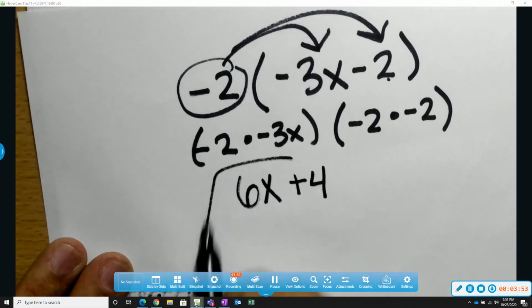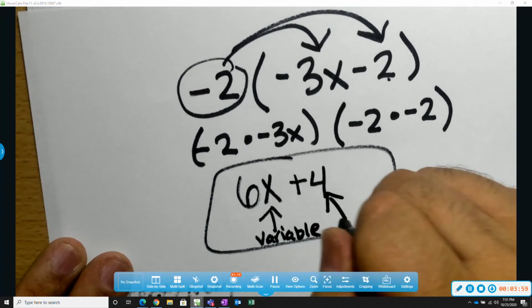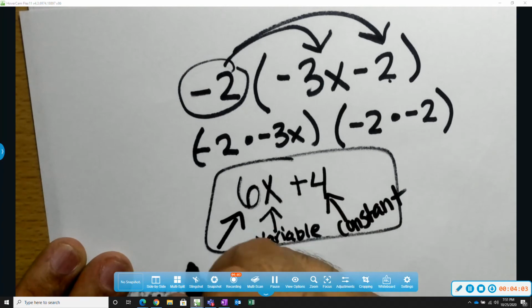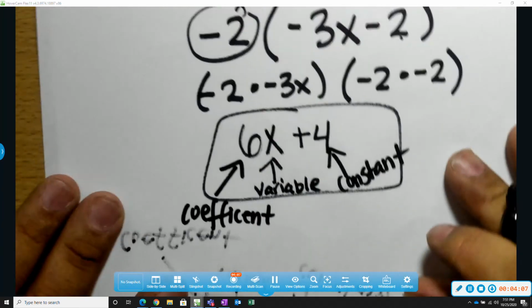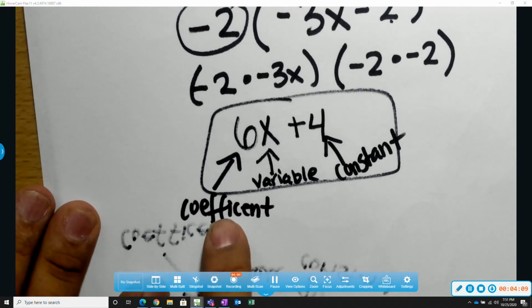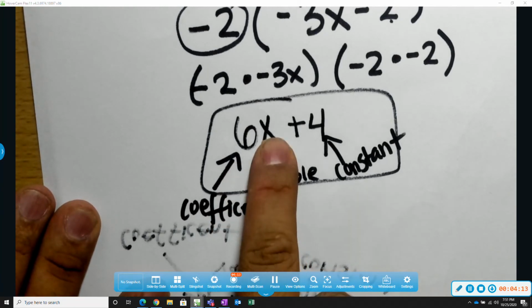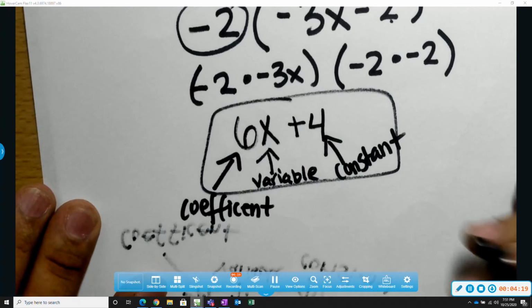I have my variable, my constant, and my coefficient. You don't need to write this every time, I just want you to get familiar with these vocabulary words. Coefficient is a number in front of a variable. The variable is the letter that is unknown, and the number by itself with no variable is called a constant.